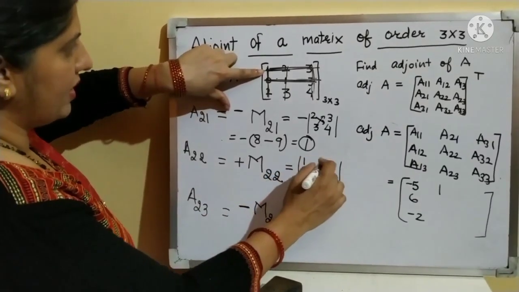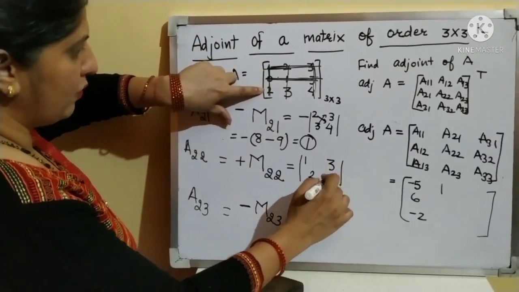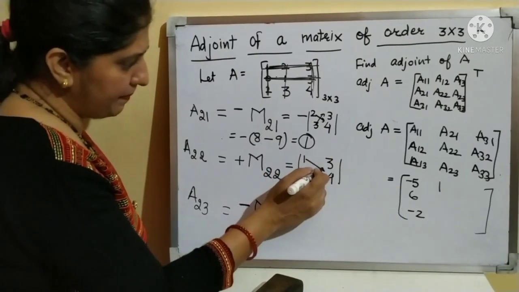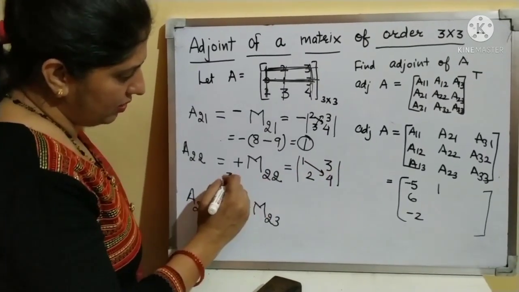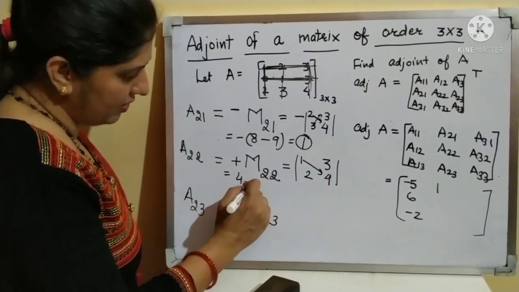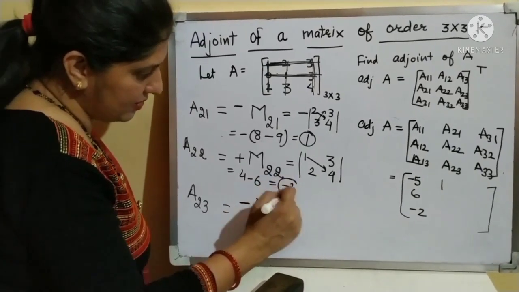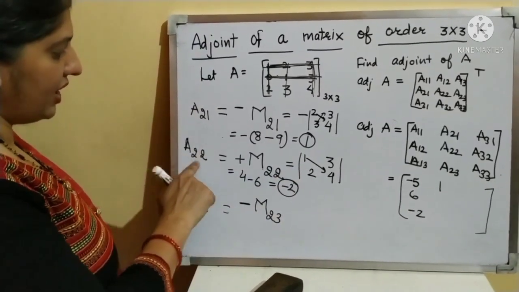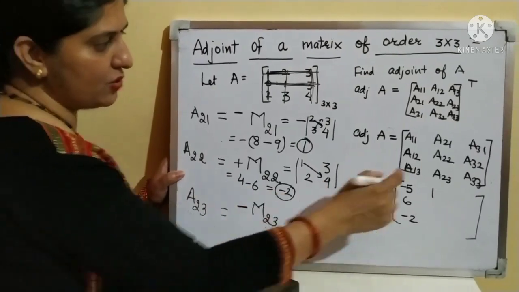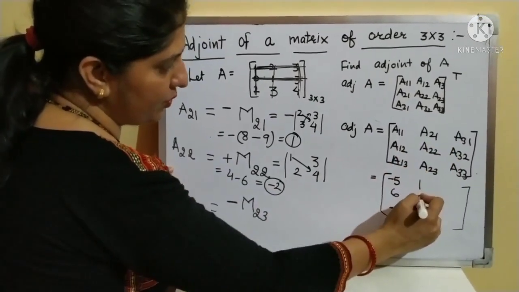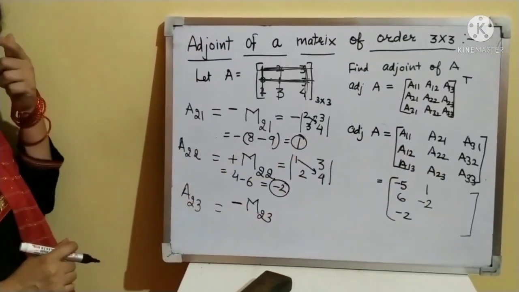We get 1, 3, 2, 4. Just simplify it. 4 ones are 4, minus 3 twos are 6. We get minus 2. So A22 is equal to minus 2. Put the value. A22 is equal to minus 2.